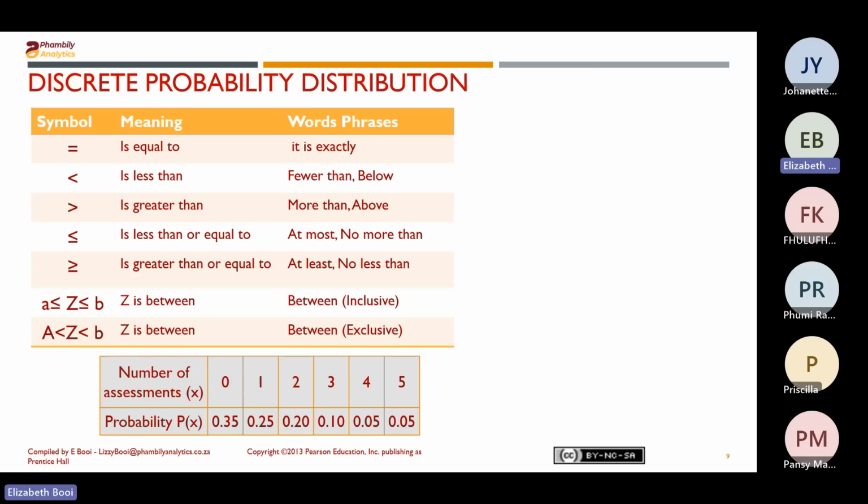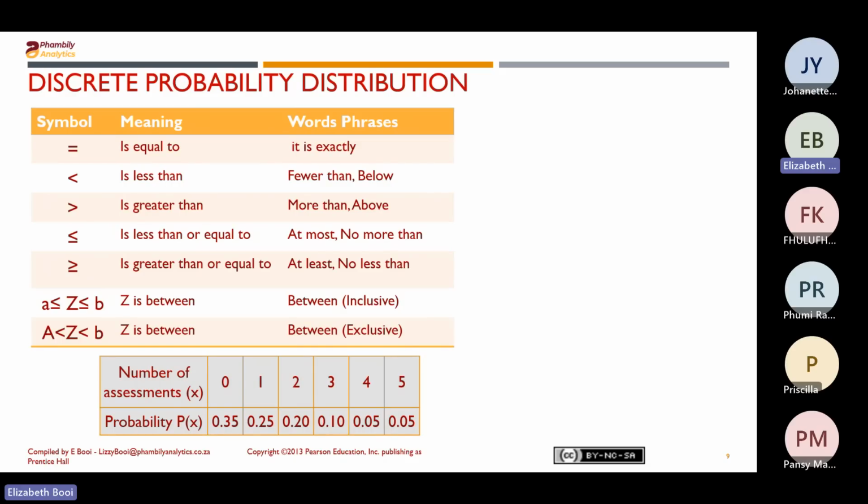You also need to be aware that sometimes the questions will be phrased in words, using normal words rather than a symbol. You need to be able to take the words and convert them into a mathematical symbol. Sometimes they provide you with clear, simple mathematical language, which means less than, equal, greater than.